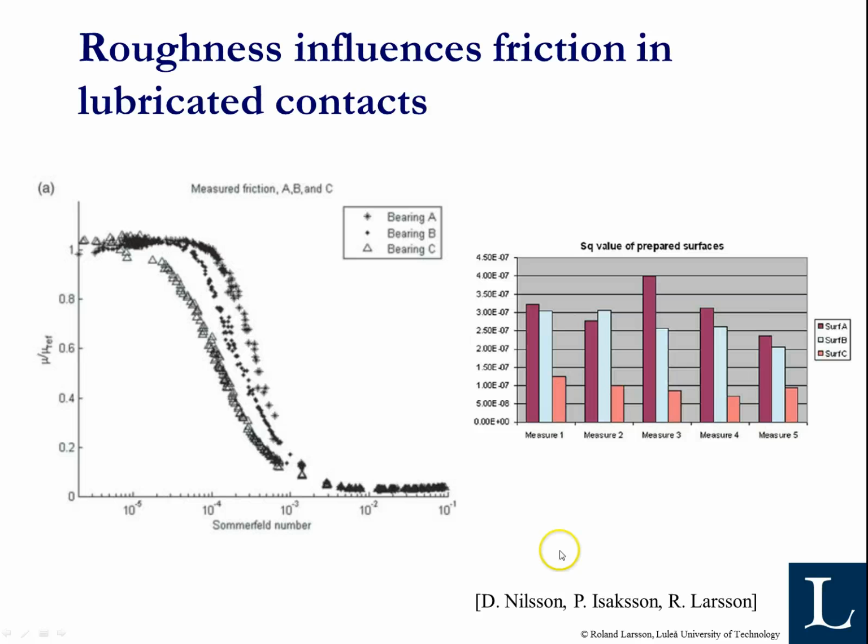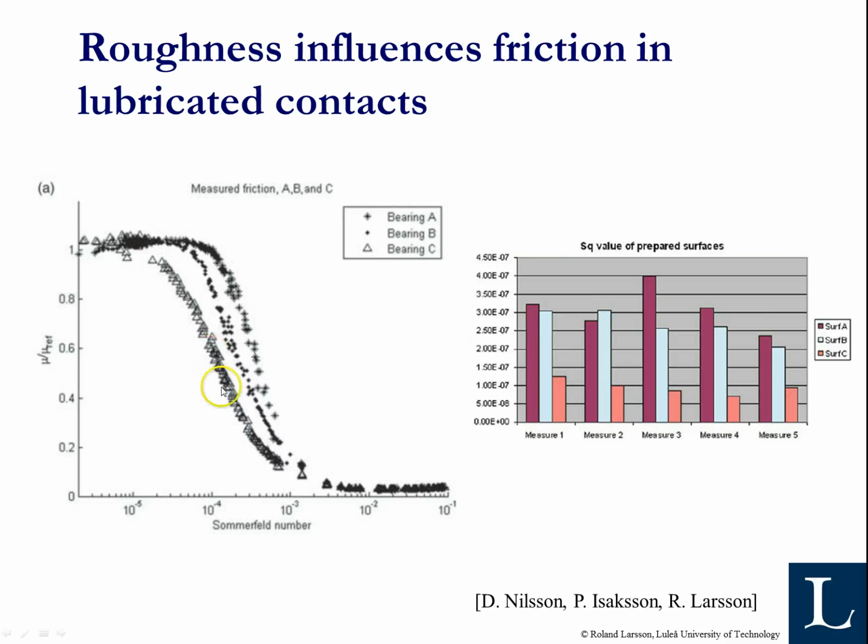Just a few pictures here showing some tests made here at the university. Here you have different surfaces with different surface roughness. So for example, the surface C has a much smoother surface than the other two, A and B, and this is a Tribological curve. So here you have a boundary lubrication.